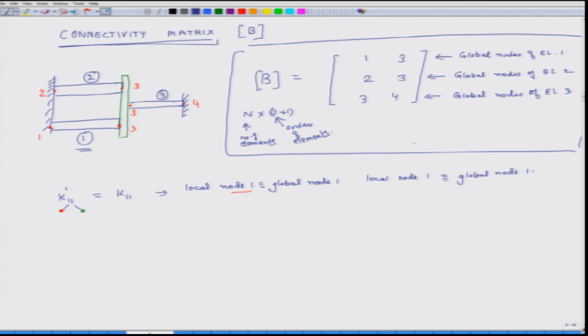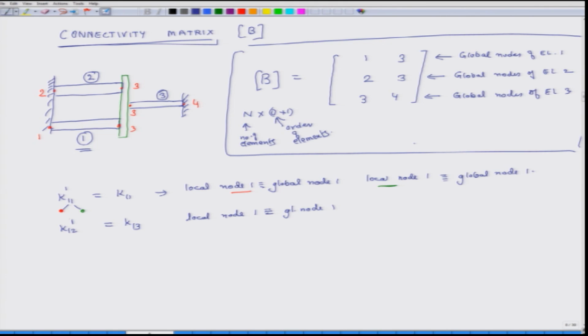So, K11 prime goes into the calculation of K11. Similarly, K12 of the first element corresponds to global K13. Why? Because local node 1 corresponds to global node 1, right.